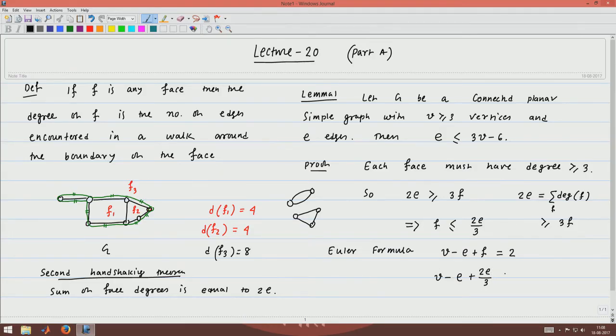So, this one is larger than 2, and from here you can check that V minus 2 is greater than or equal to E by 3, which implies that E is smaller than 3V minus 6.